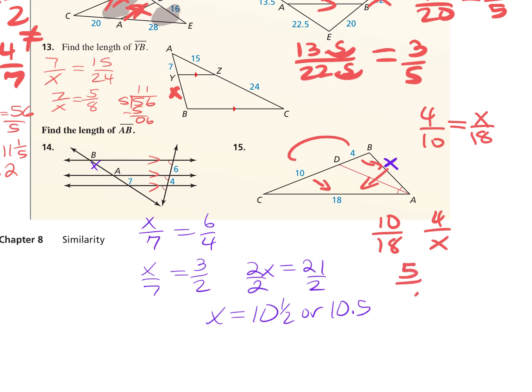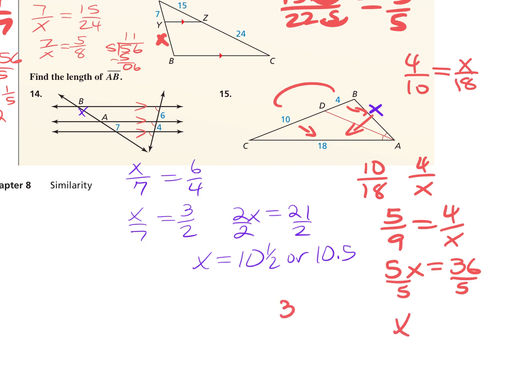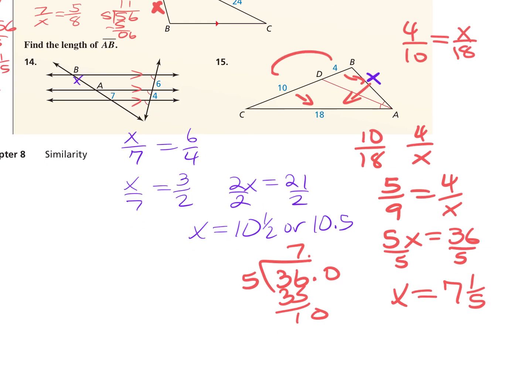If I simplify the 10 over 18, then I get 5X equals 36. Divide by 5, and X equals 7 and 1/5, or 7.2. So either way on these.